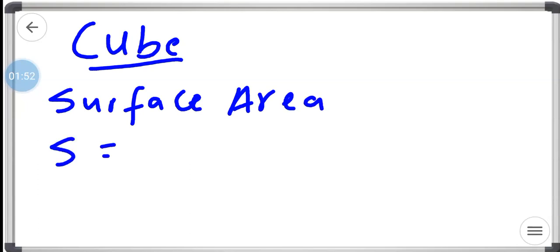S equals 6x squared. That's the surface area for a cube.